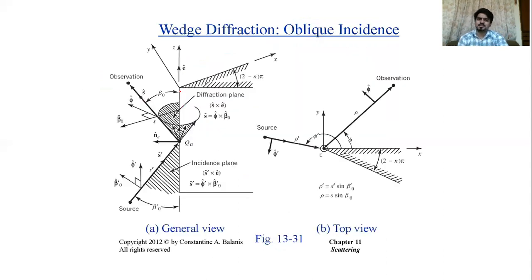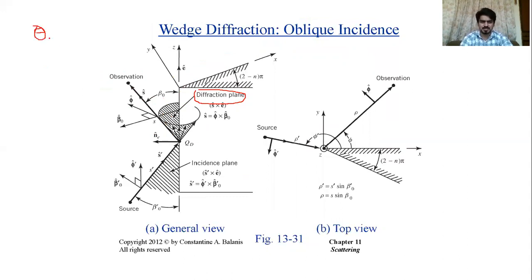Now similarly for oblique incidence, as I just mentioned, you will again create a diffraction plane. That will be theta equals theta s.